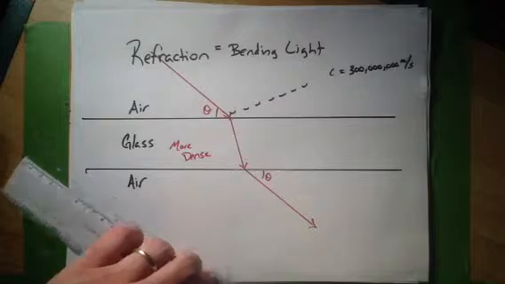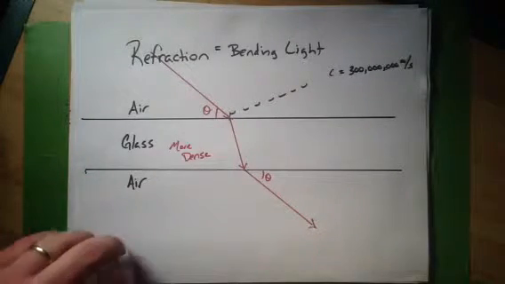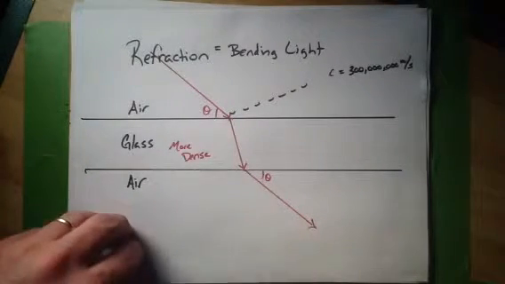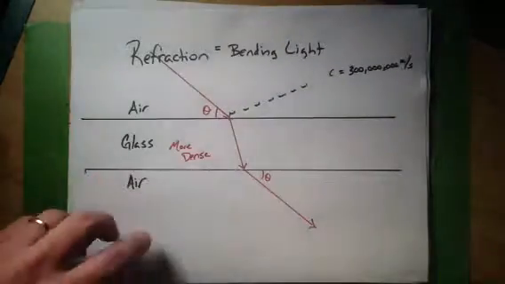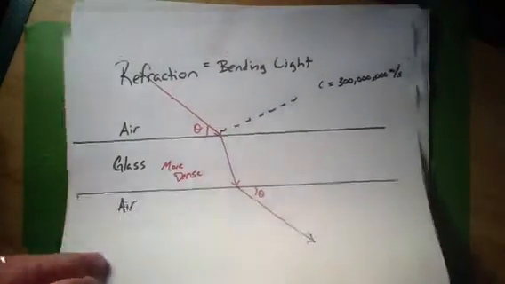Okay? We're going to talk a little bit about how different materials have different speeds, and the behavior. We're not going to get into a lot of specifics on materials, but we're going to talk a little bit about why that happens. And part of that, we use something called Snell's law. Snell's law says this.